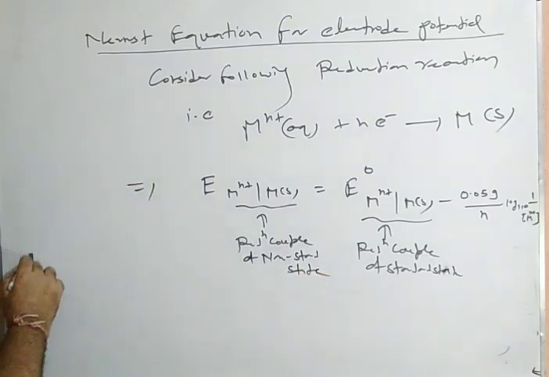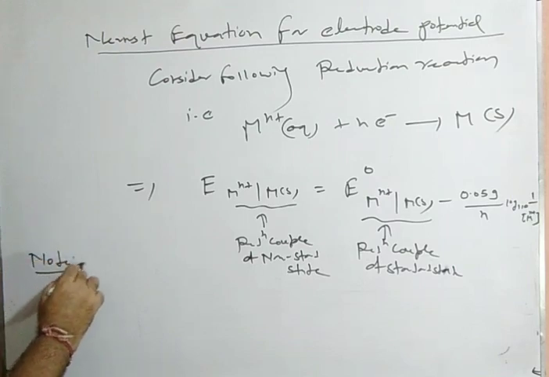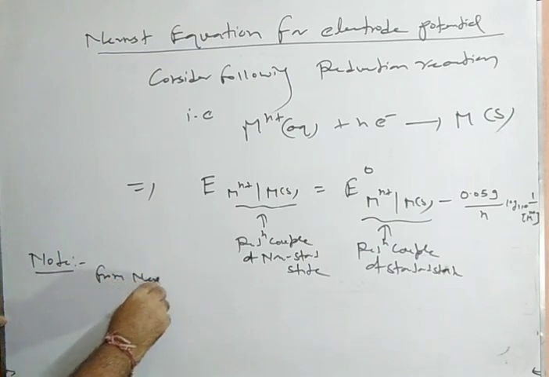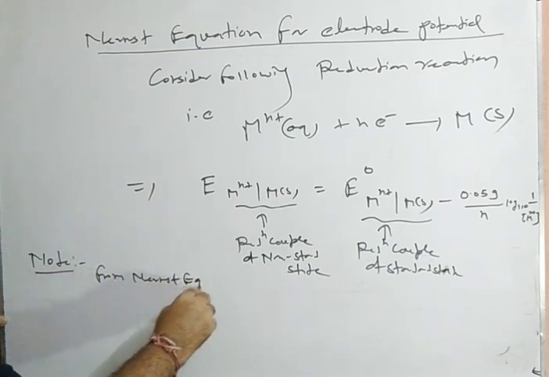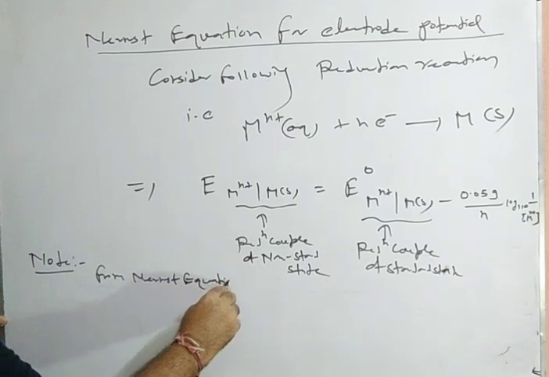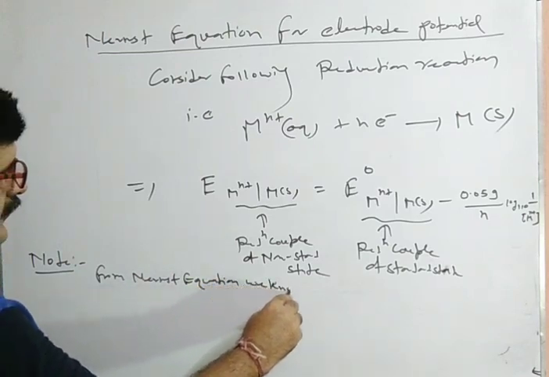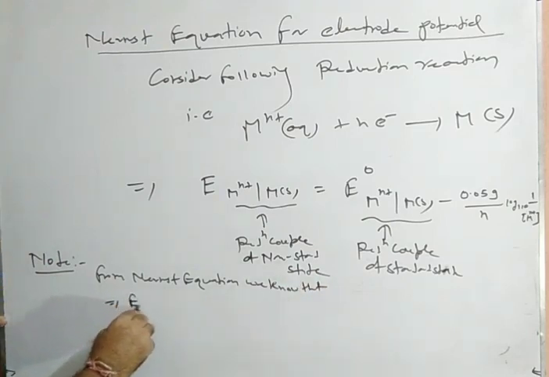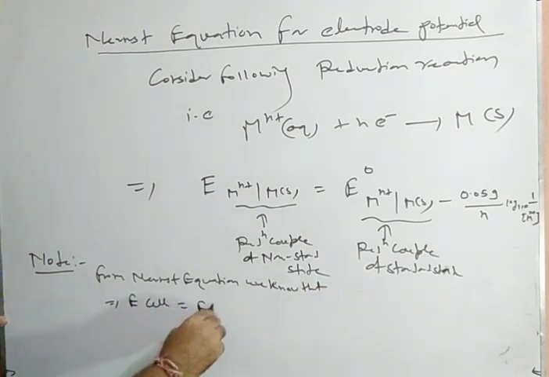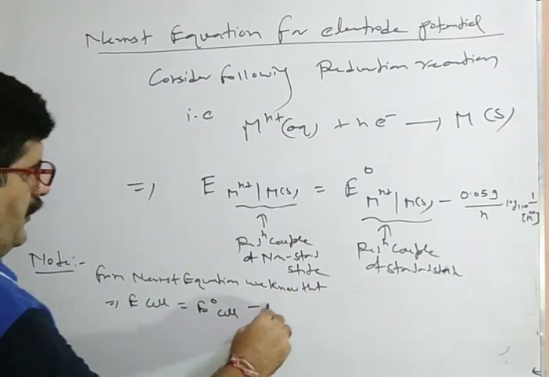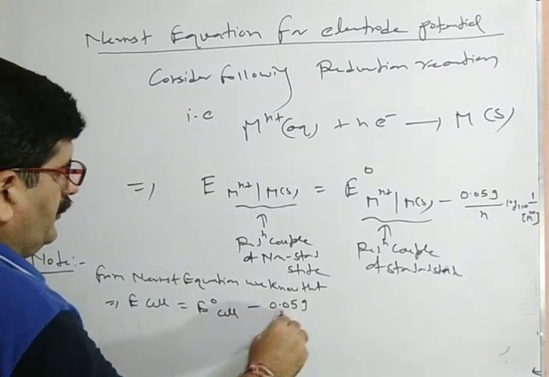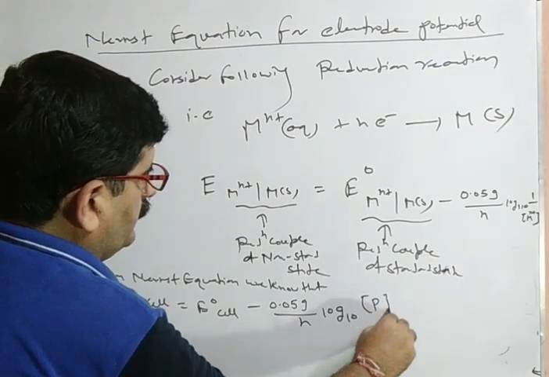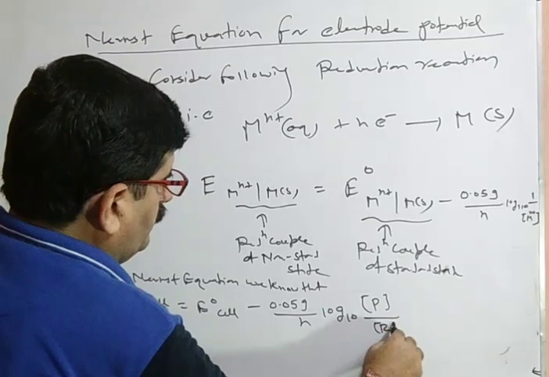One thing always remember, from the Nernst equation we know that E cell is equal to E naught cell minus 0.059 by n log base 10 concentration of product by concentration of reactant.